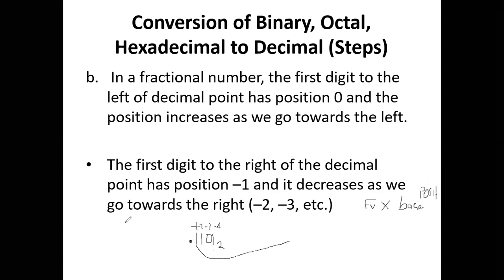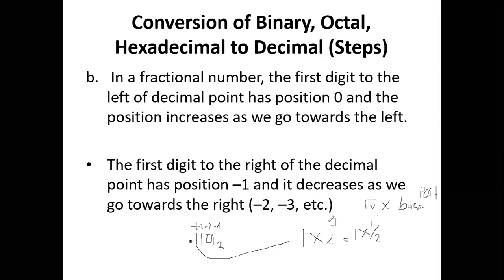Okay, so what is this first value? 1 multiplied by the base 2. Then what is its position? The position is -1. So 2 raised to the power -1. Now, anything that has a negative power is the same as 1 over that number raised to the power.